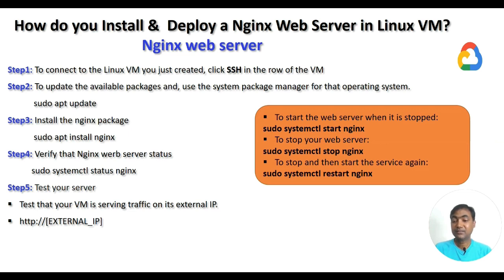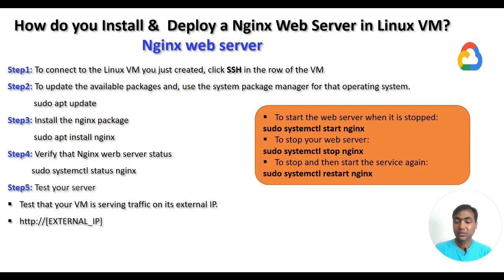Thirdly, you can install the Nginx web server on the Linux machine. Then use the command sudo apt install nginx. Fourth step, verify the Nginx web server status. Then use the command sudo systemctl status nginx.